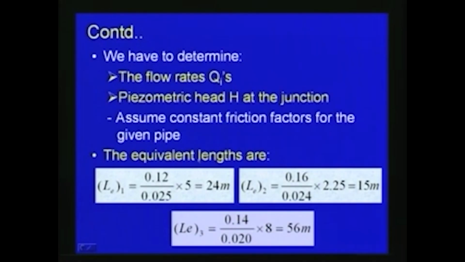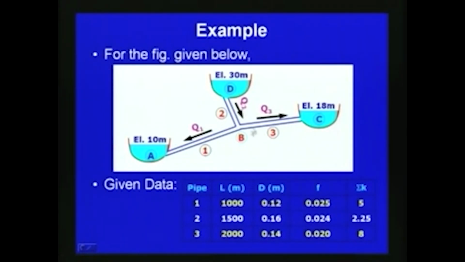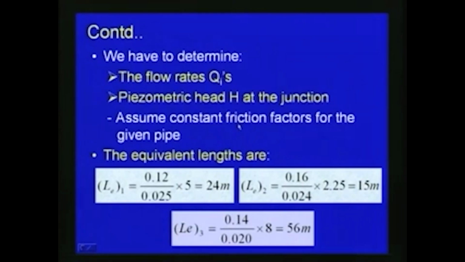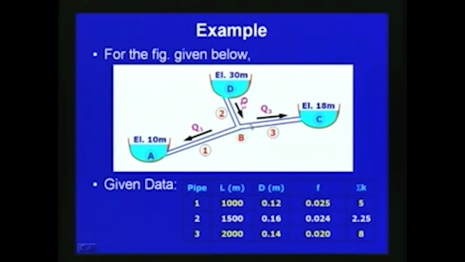For this system we have to determine the flow rates Qi, the flow through each pipe, and the piezometric head at H at the junction. So, we want to find Q1, Q2, Q3, and the piezometric head at H. The elevations at A, C and D are given, and also various pipe details like length, diameter, friction factor and sigma k.